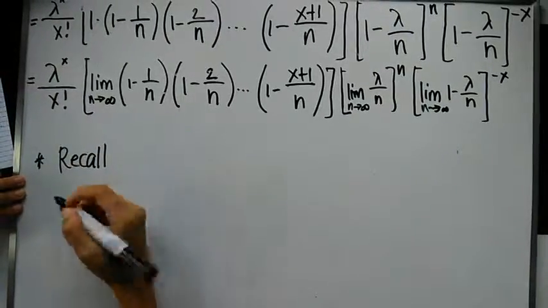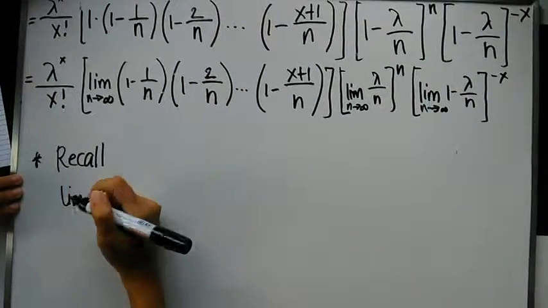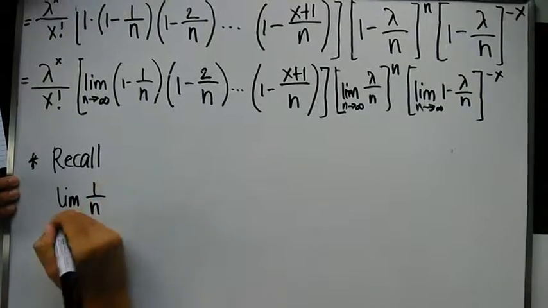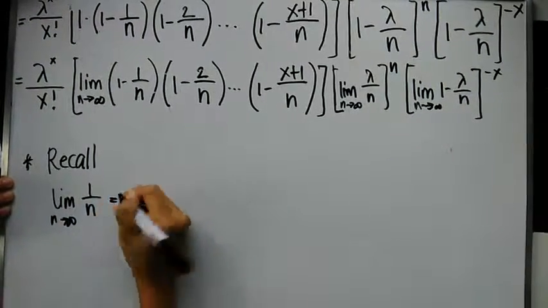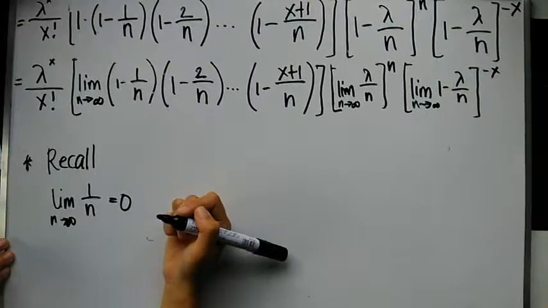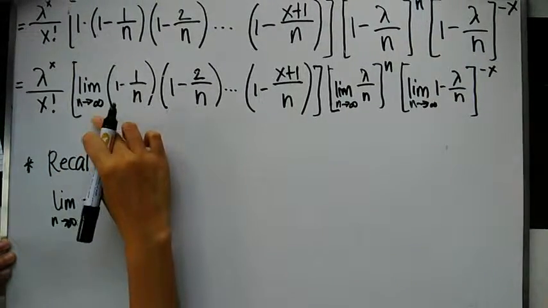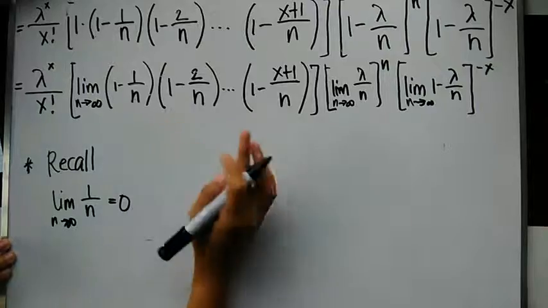Recall that the limit of the harmonic series 1/n as n approaches infinity is equal to 0. So the limit of this series is just equal to 1.